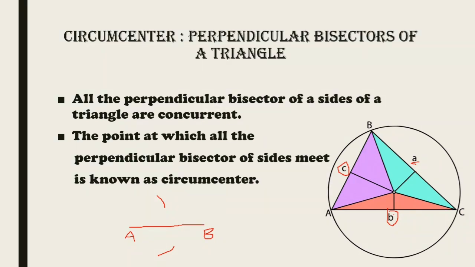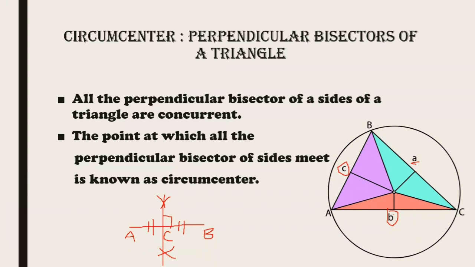Similarly, with the same radius and B as center, we intersect the previous arcs. The line segment we get is the perpendicular bisector of AB.